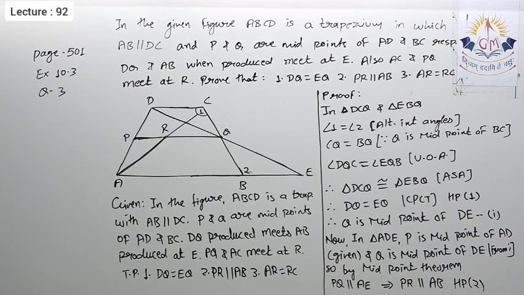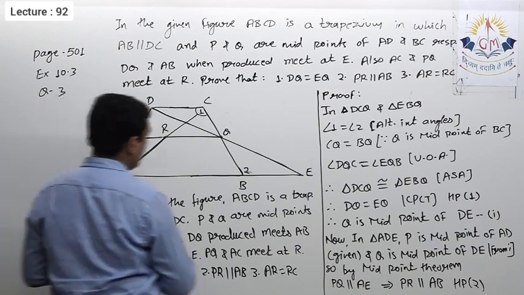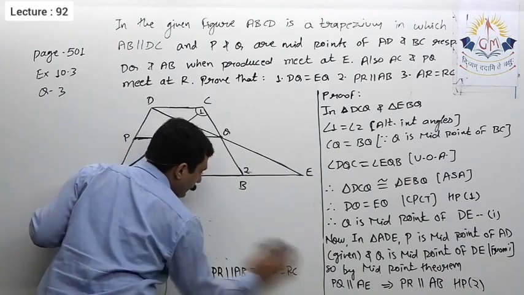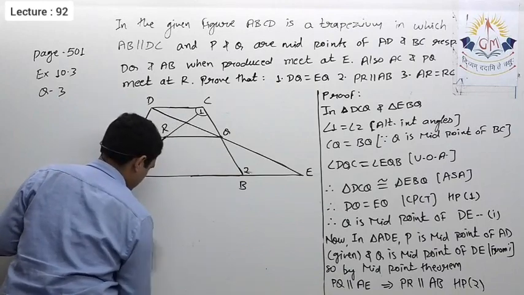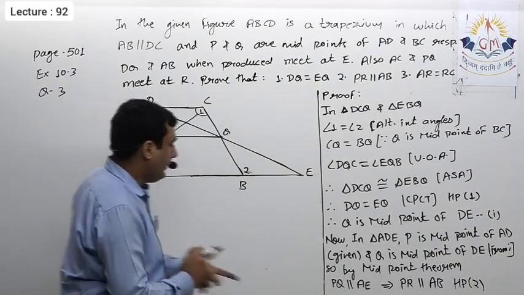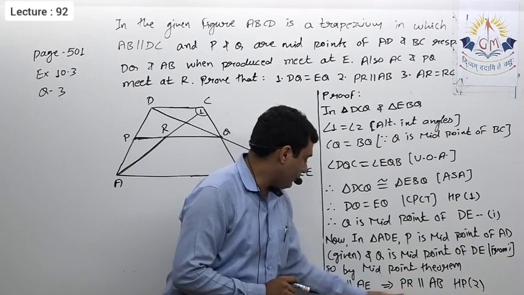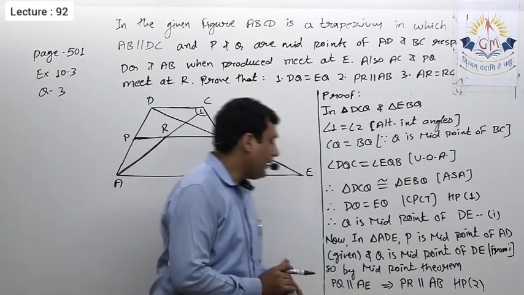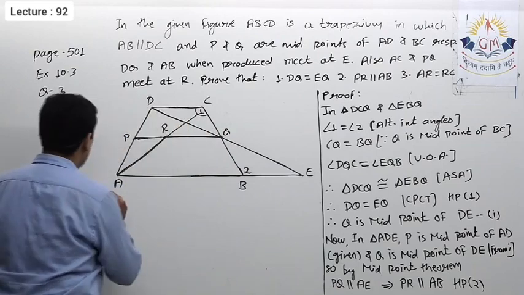Okay, so now we'll see its third portion. So let us see over here. PQ parallel AE gives me PR parallel AB.